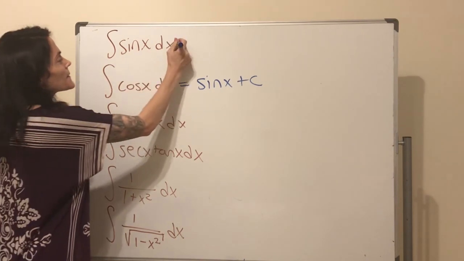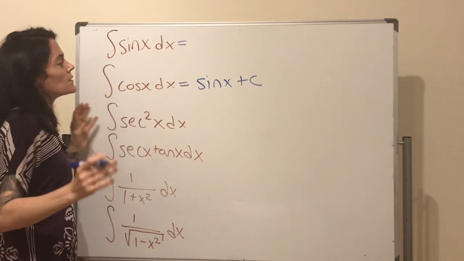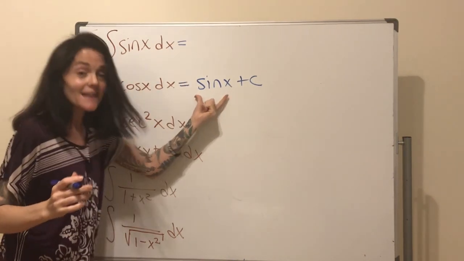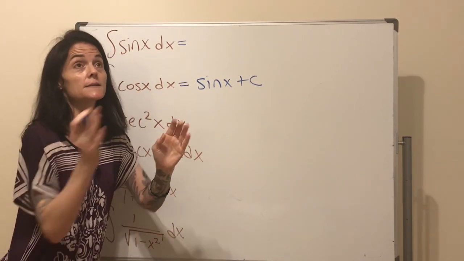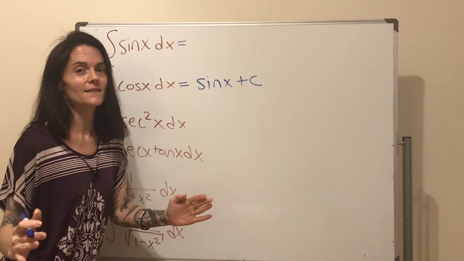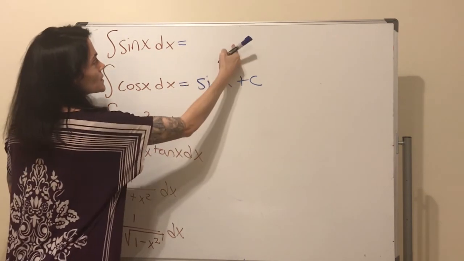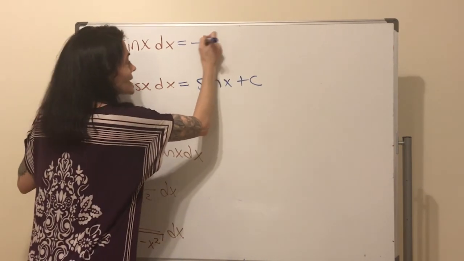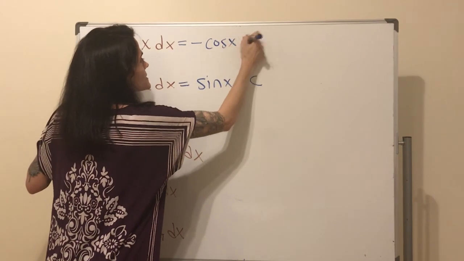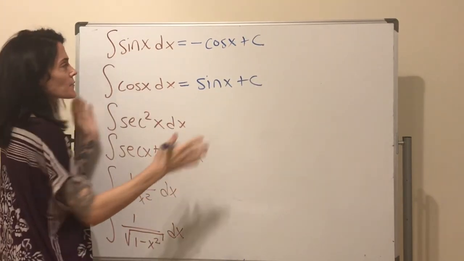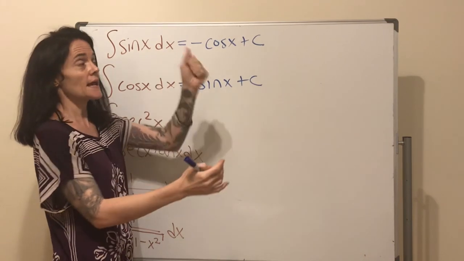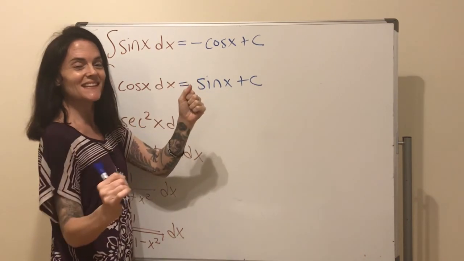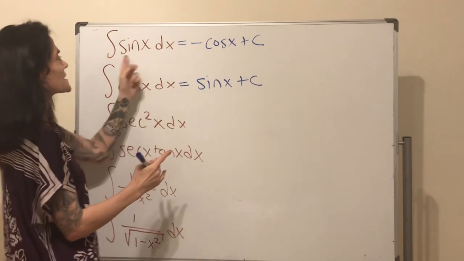Now here, the derivative of sine is cosine. The derivative of cosine is minus sine. And so here, we don't just put cosine, we put minus cosine x plus c. And now check, right? If you differentiate negative cosine, we get negative of negative sine, which is positive sine.